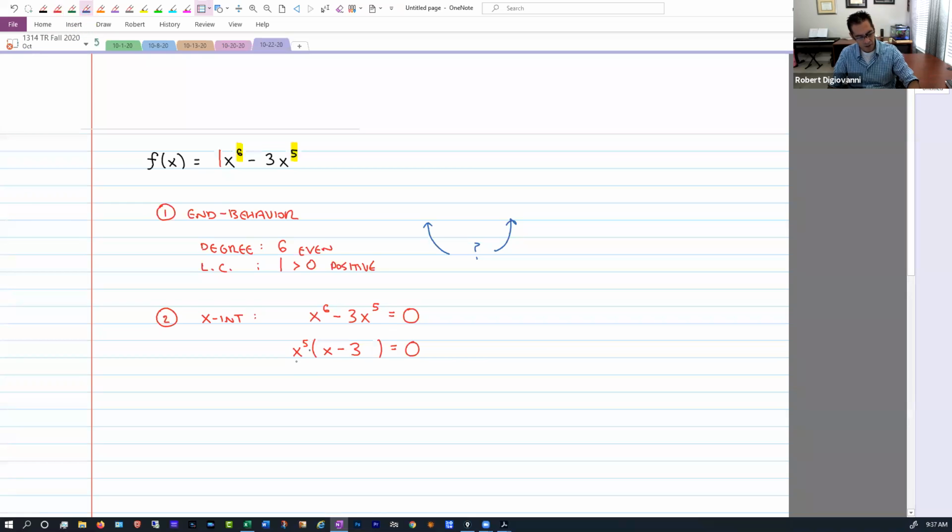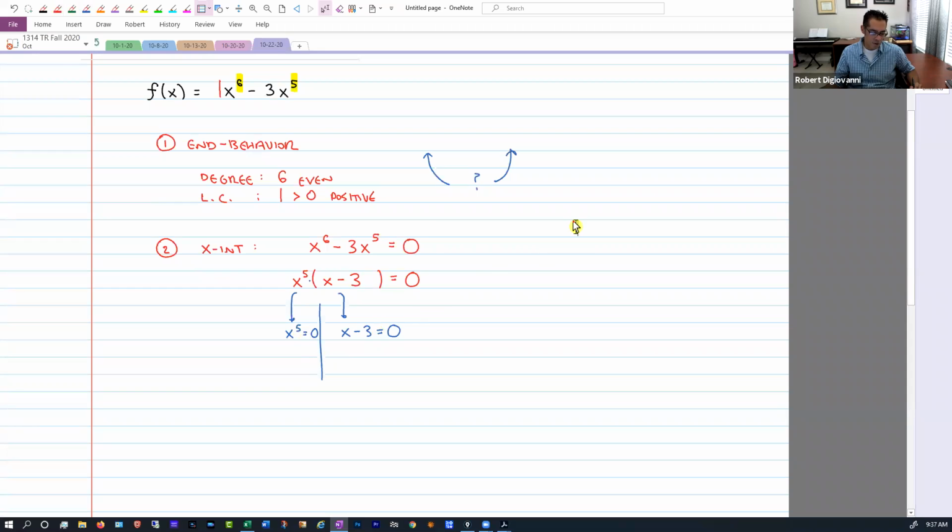Now what we do is we take each of these factors and we set them equal to 0. So we have two different equations we're going to wind up solving here. The first one, oh, I forgot to put equal 0 there, sorry. The first one, x to the fifth equals 0. Well, that is more of just a mental thing. You just think about it.